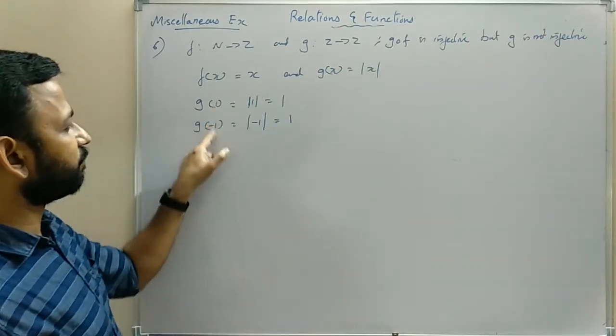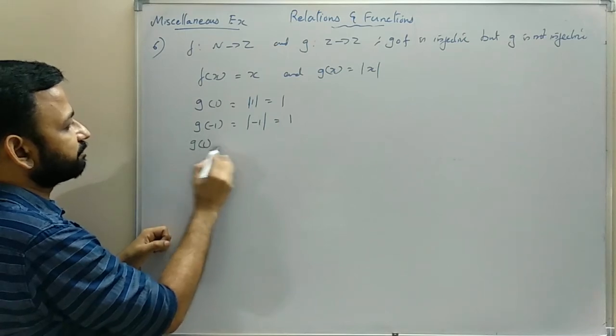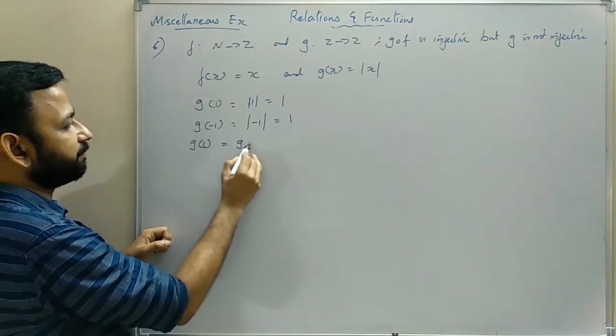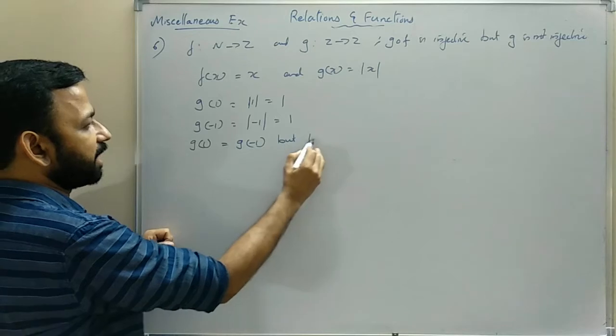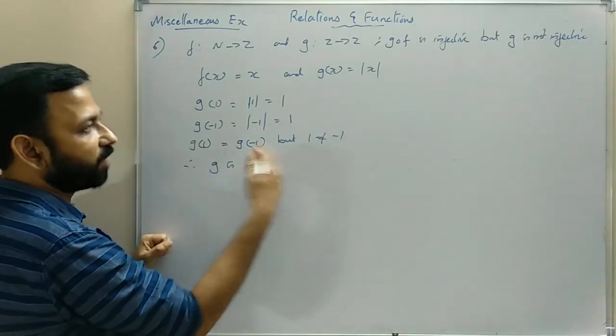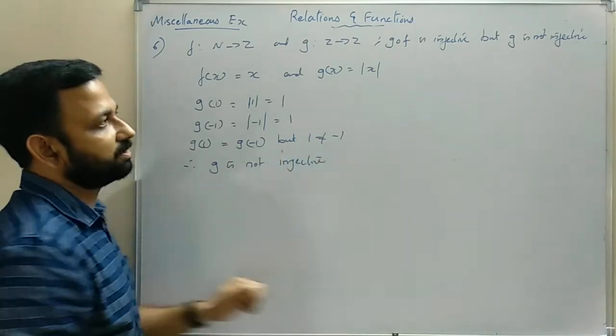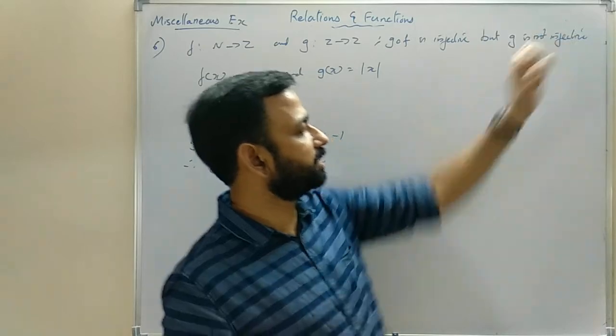So g of 1 and minus 1 have the same image. So g of 1 equals g of minus 1, but 1 is not equal to minus 1. Therefore g is not one-one, that is, g is not injective. So this part we have done.